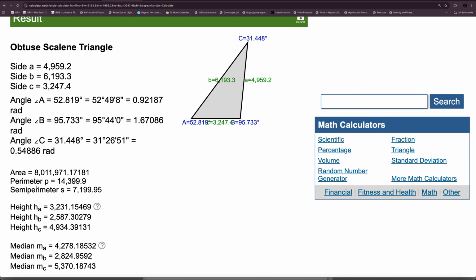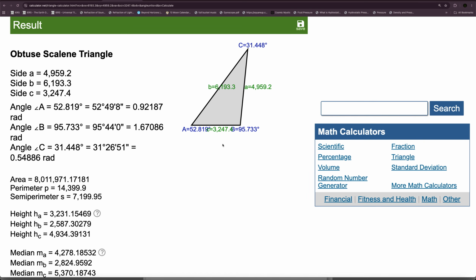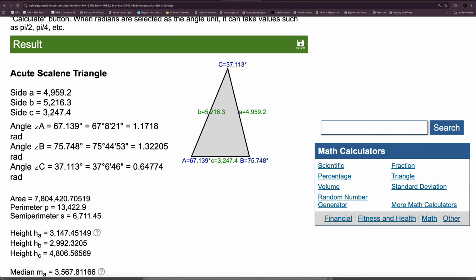The perimeter is the same again, 14,399.9, and the area is back to 8,011,971, blah, blah, blah. Because I suspected this, it depends on the triangle itself how much area it covers in square miles. So the area changes if I add the 977 to just one of the sides.